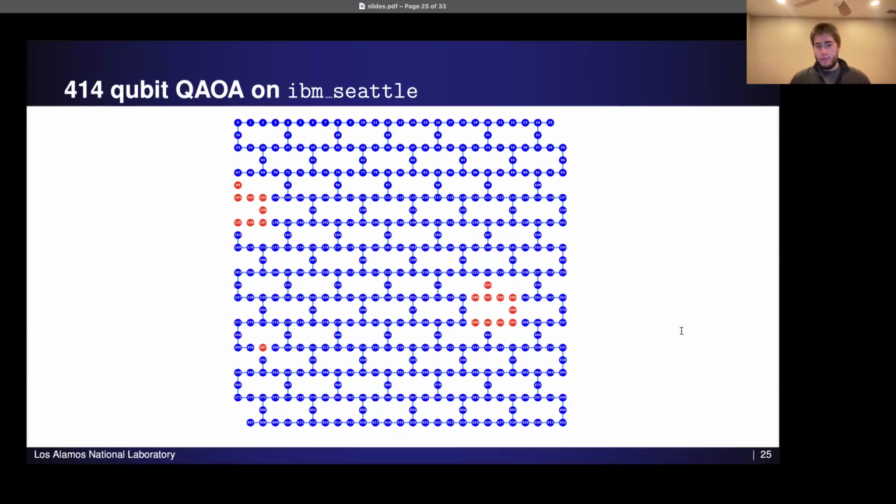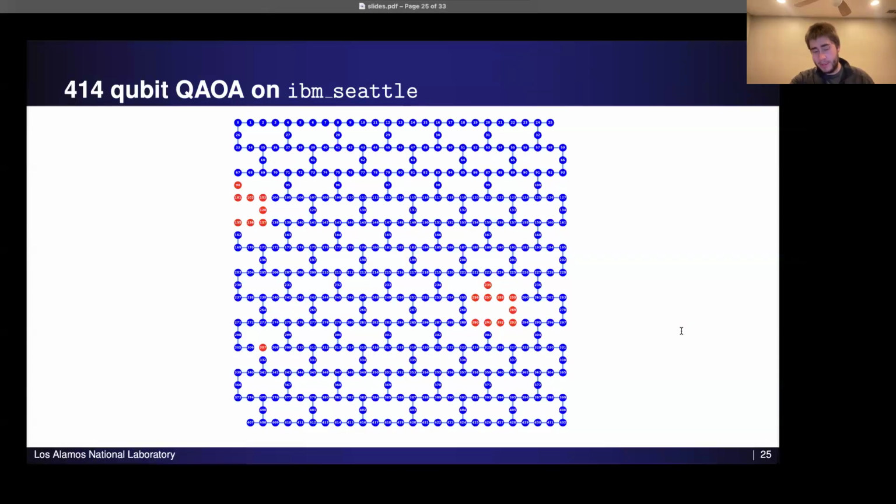So we could only use 414 of those qubits. As you can see, again, it's a heavy-hex graph, so we can apply the same Ising model problem type as well as QAOA circuit generation to this hardware graph.